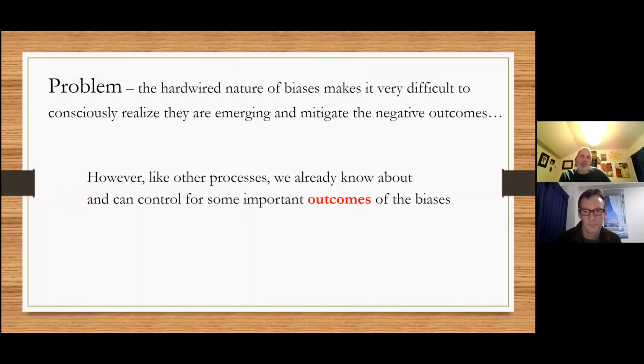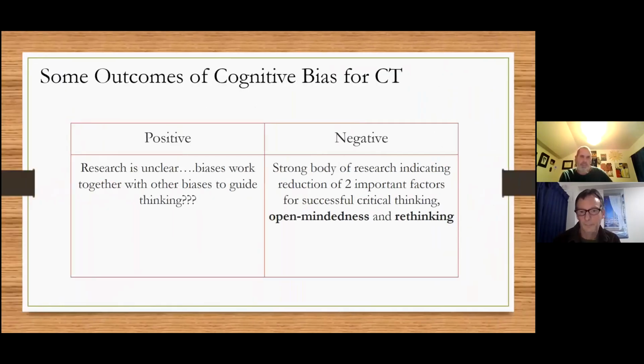So let's look from a different perspective at what outcomes these biases are leading us towards. Some of these outcomes can be divided into positive and negative. Actually, there are some positive outcomes, from a paper that came out last year, I believe. Guy, I think you know a little bit more about this. Basically, the researchers found that certain biases, when paired together, work against each other, and in some bizarre way actually enhance the decision-making process.